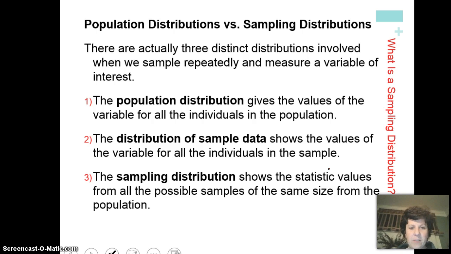And of course, the sample size, we can decide what that's going to be. And the sampling distribution shows the statistic values from all possible samples of a given size. So this distribution is all your X bars, all your P hats, some statistic taken over and over from the same population and looking at that same size and looking at that distribution.